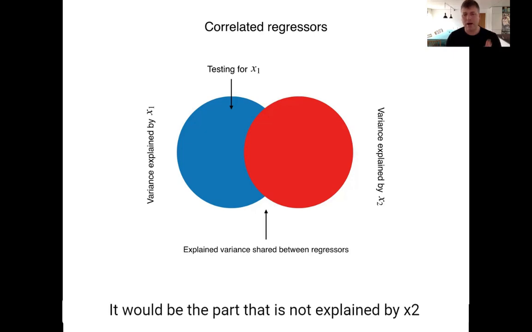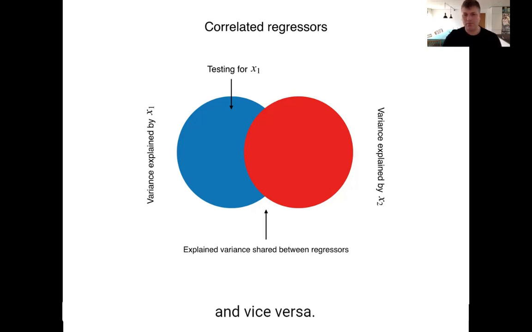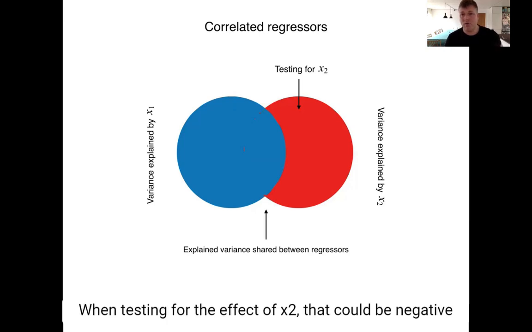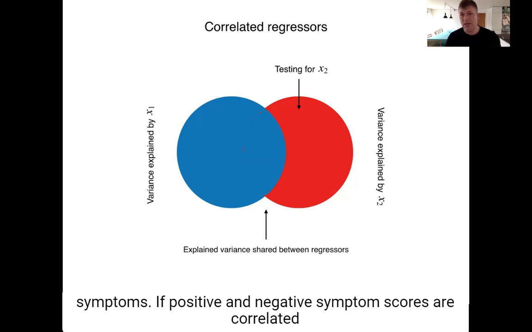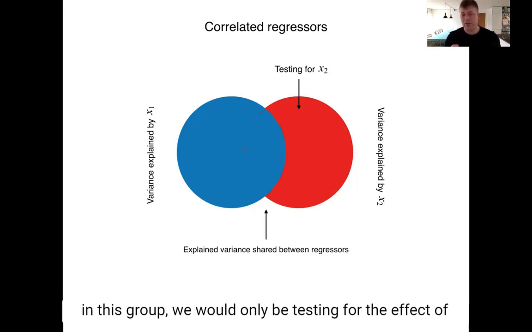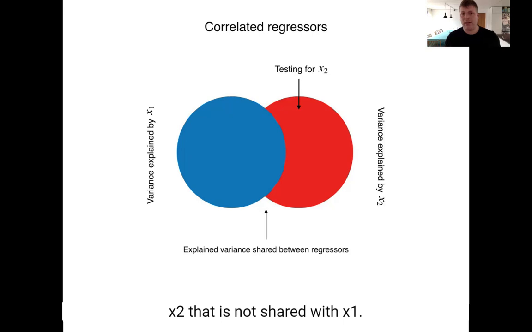It will be the part that is not explained by X2. And vice versa, when testing for the effect of X2, that could be negative symptoms. If positive and negative symptom scores are correlated in this group, we would only be testing for the effect of X2 that is not shared with X1.